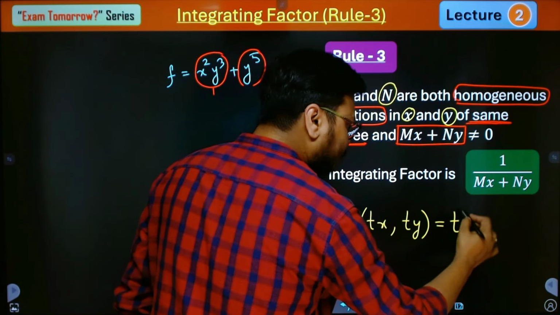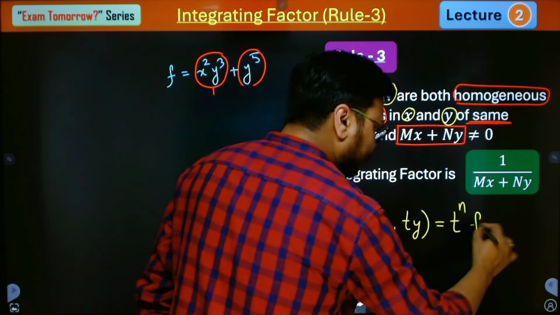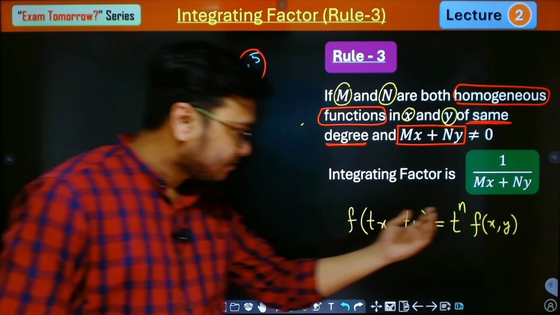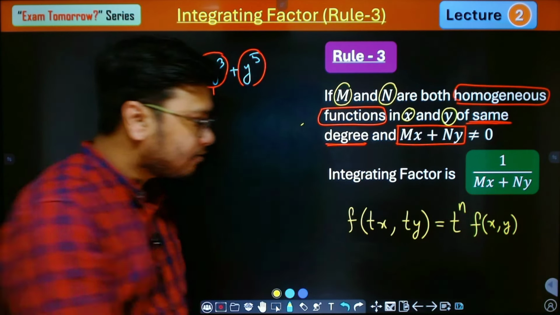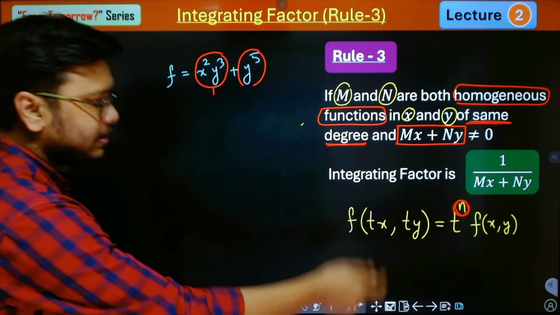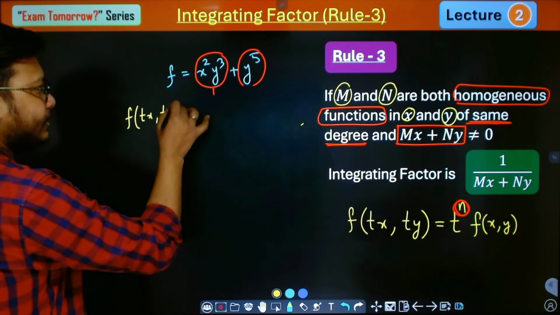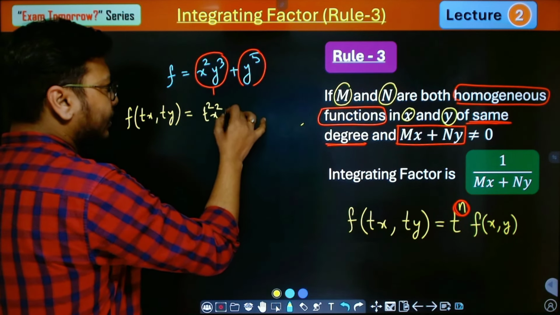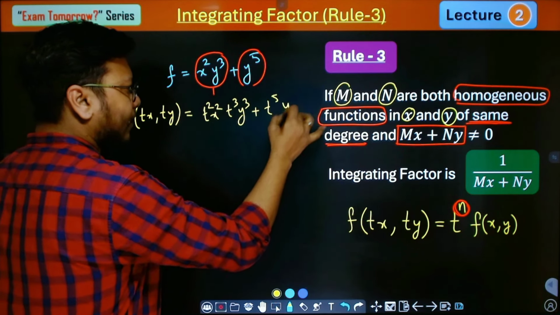Then if t to the power n comes out common completely and you are left with only the original function, which is f of x, y, if the t fully comes out common, then it is homogeneous, and whatever power of t comes out common, that power is the degree. So let's apply this over here. If I replace x with tx and y with ty, it would become t squared x squared into t cubed y cubed plus t to the power 5 y to the power 5.